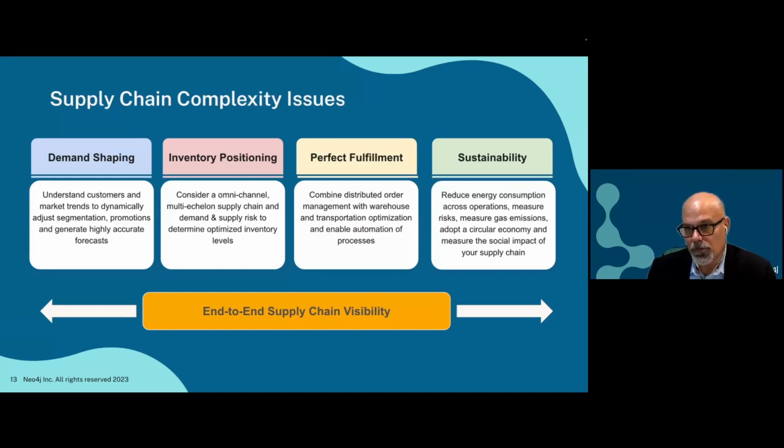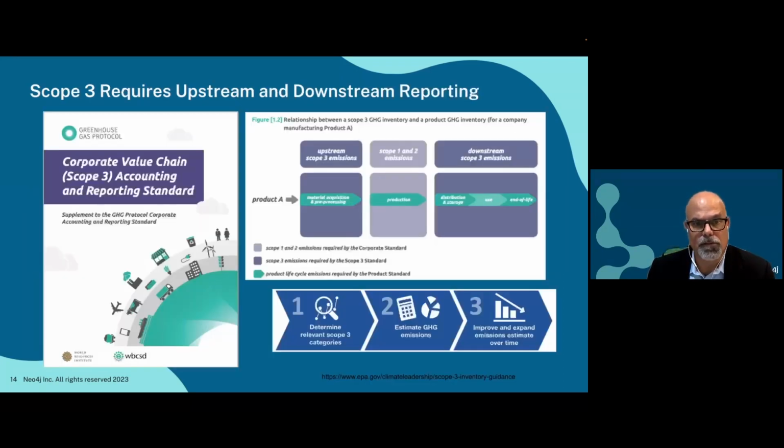The biggest obstacle to being able to perform these kinds of capabilities at scale is usually end-to-end supply chain visibility. And this is what your graph will get you, the ability to look at your supply chain from an end-to-end perspective and be able to handle some of these concerns. I want to focus on sustainability here for just a second.